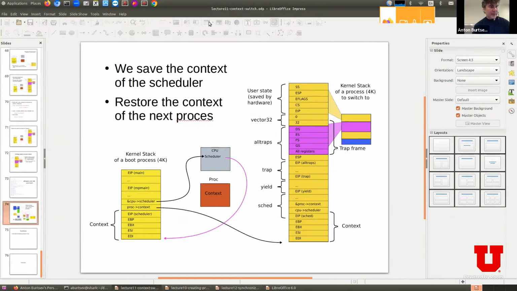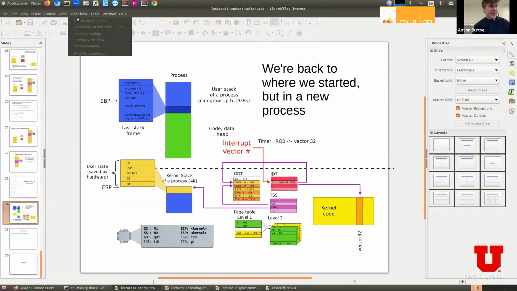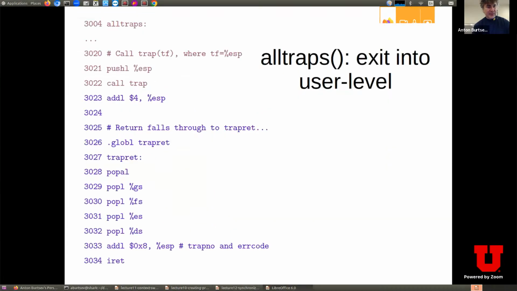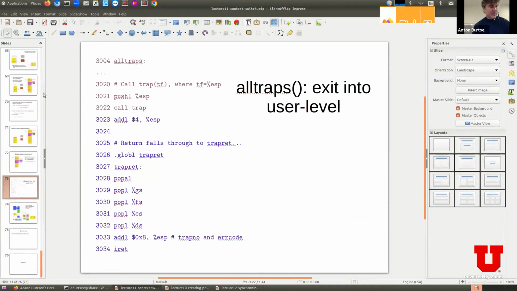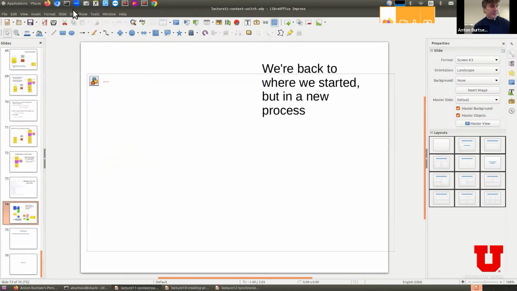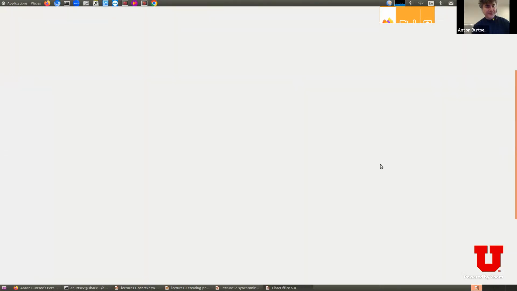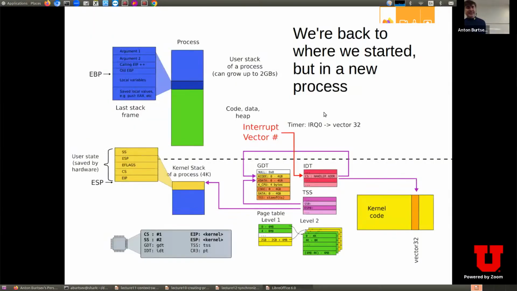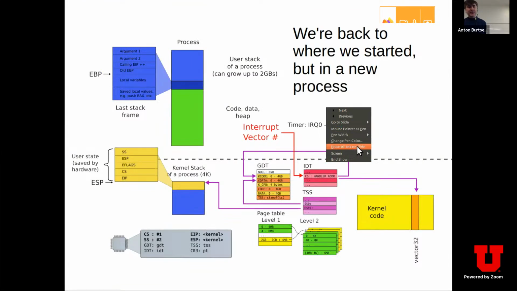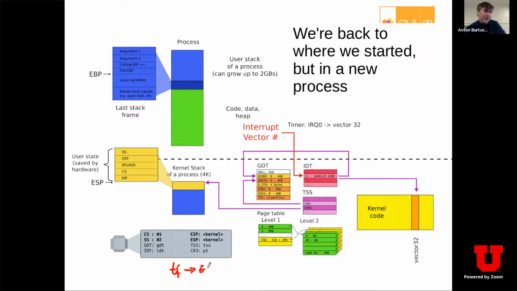If you're inside the interrupt executing a system call, how do you access the system call argument? We have an ESP in the kernel stack. So you use the trap frame to get the ESP value.